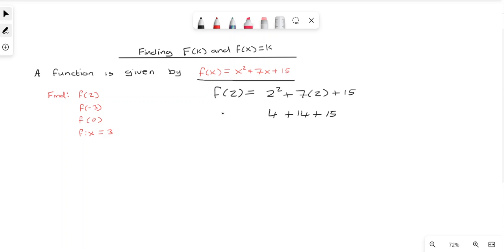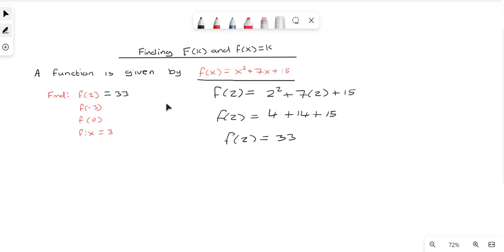So that's what function 2 is equal to. And then we simplify it. 14 plus 15 is 29, and then plus 4 is going to be 33. So function 2 is equal to 33.